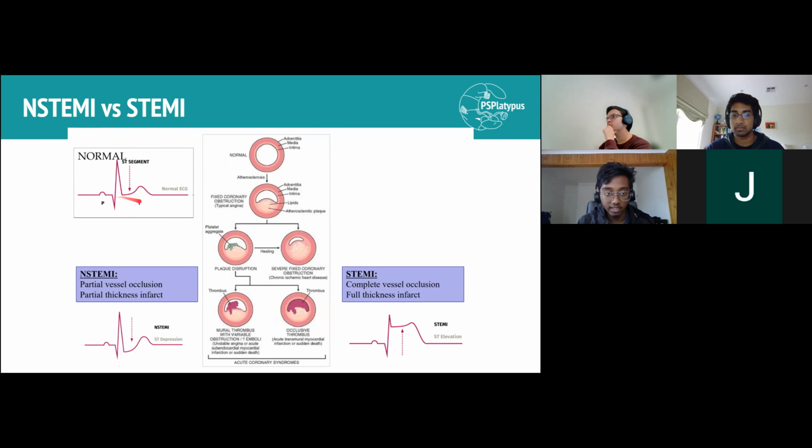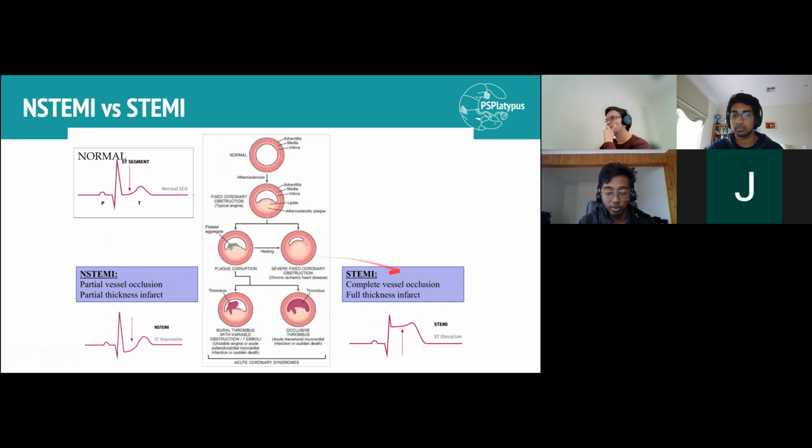Between the S and the T is what we call the ST segment. In a STEMI, you can see how the ST segment is raised up from the baseline, while in an NSTEMI, it can either be normal or it can actually be depressed. So it's a non-ST elevated myocardial infarction.